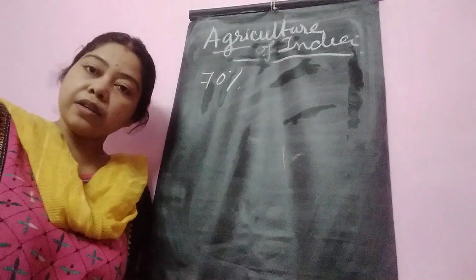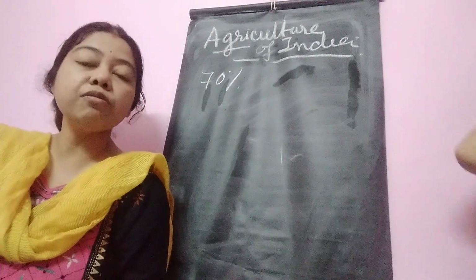Because of the erratic nature of monsoon. Some years the monsoon wind comes early, before time, and departs late. Sometimes it comes late and departs early. For this uncertain characteristic of monsoon wind, Indian agriculture depends on irrigation.